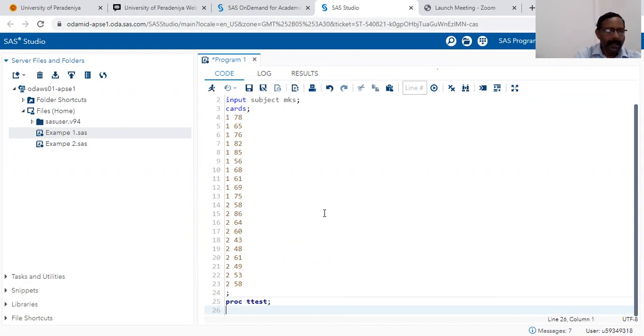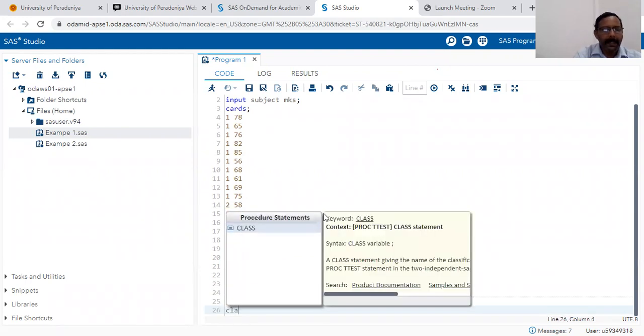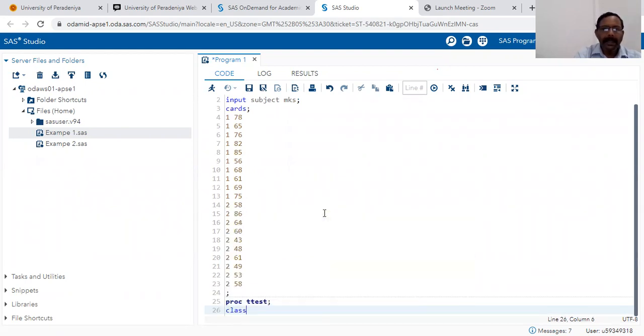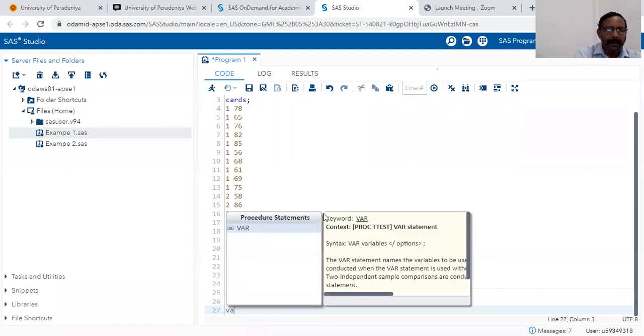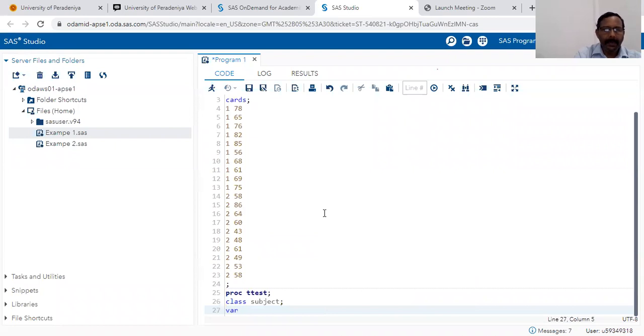Proc t-test. Class. First time I'm introducing the term. I will explain why it is subject, variable, marks.